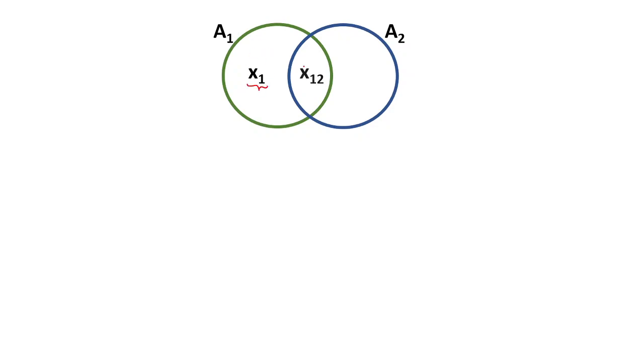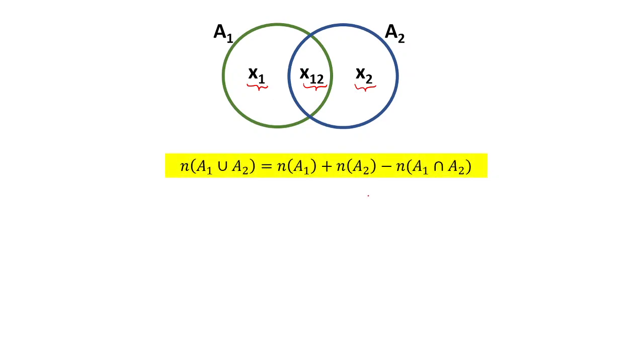So for 2 sets, it goes like this: you have these 2 sets and some intersection of these 2 sets, and then you have a certain number of elements only in set 1, a certain number of elements in both 1 and 2, and a certain number of elements only in set 2, right?